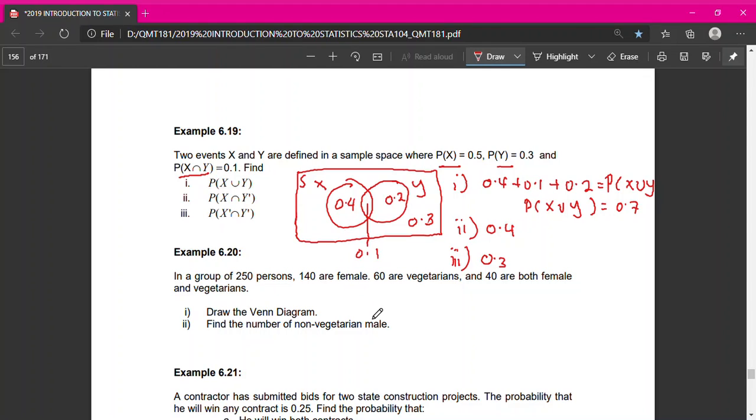So the next example ni, kita ceritakan about the number of person in a group. Ada 250. And then from there ada 140 female. Okay. And then daripada nilai tu, 60 are vegetarian. And 40 are both female and vegetarian.